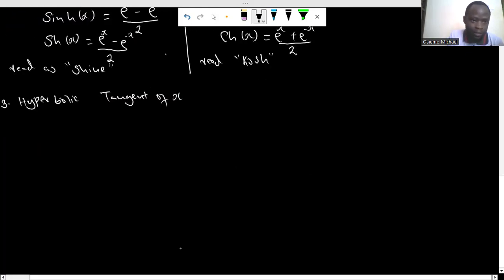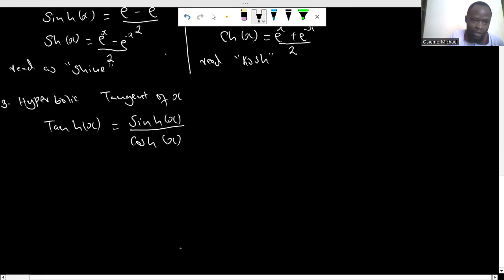It is written as tanh of x, given by sinh of x over cosh of x.